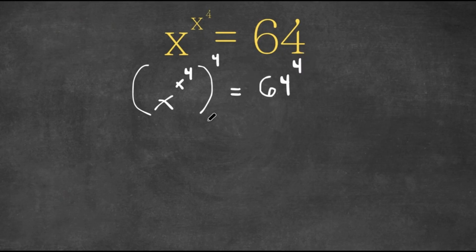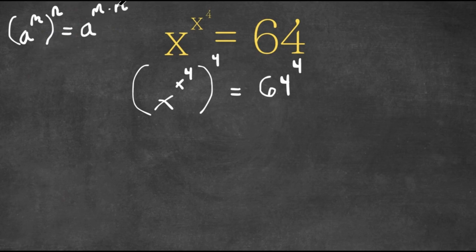Now if I have something in the form a to the power of m to the power of n, this is equal to a to the power of m times n. And a to the power of m times n is also equal to a to the power of n times m.